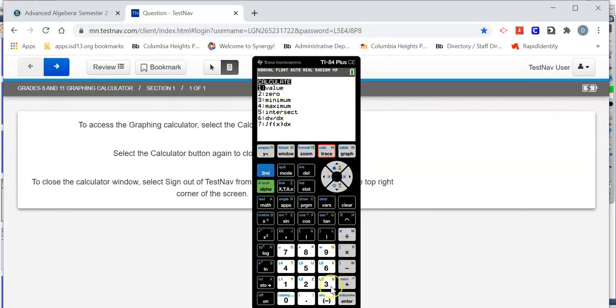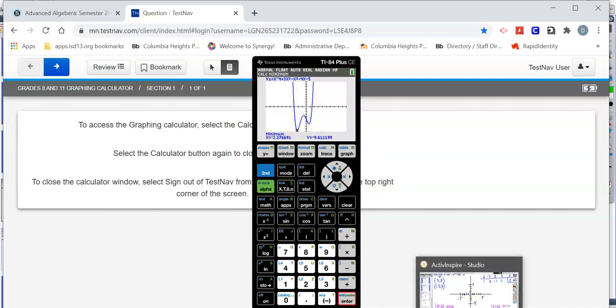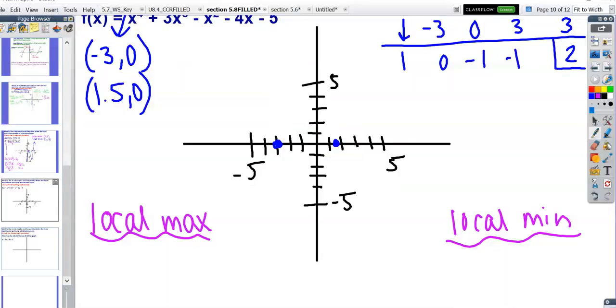I like working left to right, so I'm going to select minimum first. Come all the way back over here so I know I don't forget something. You always have to start with the left bound, so I'm going to get really close and hit enter. Keep going till the y values are going back up, and then hit enter, and then check. So it's about negative 2.3 and about negative 9.5 for one of our local minimum.